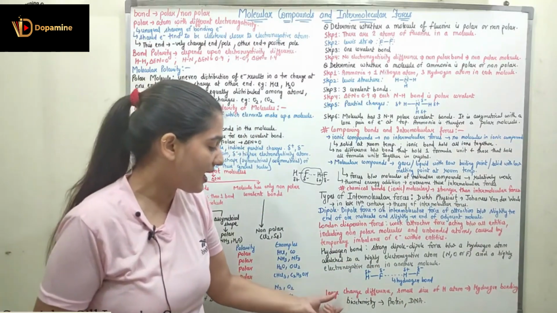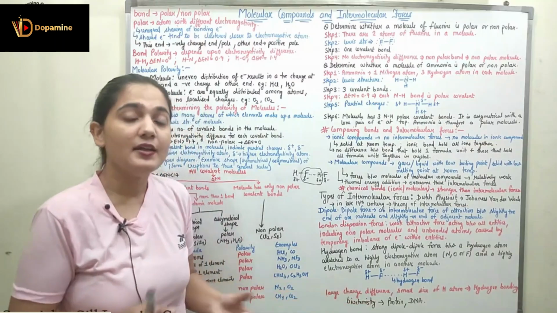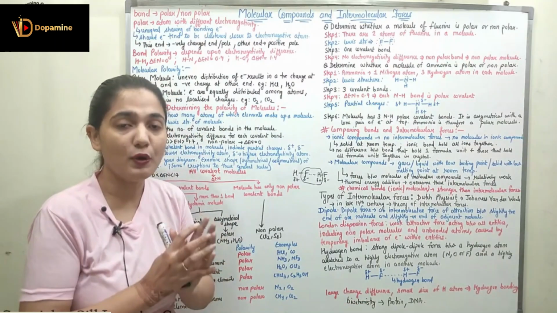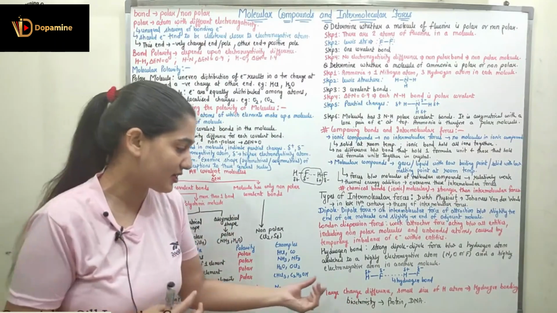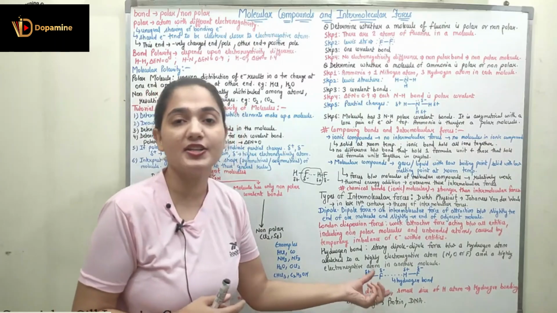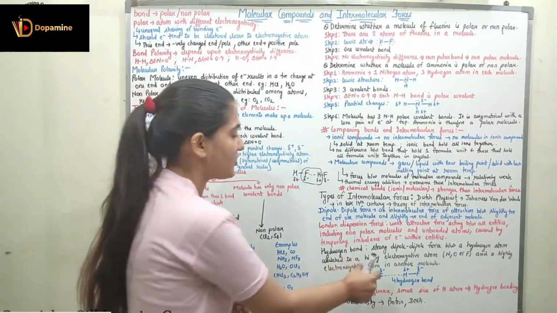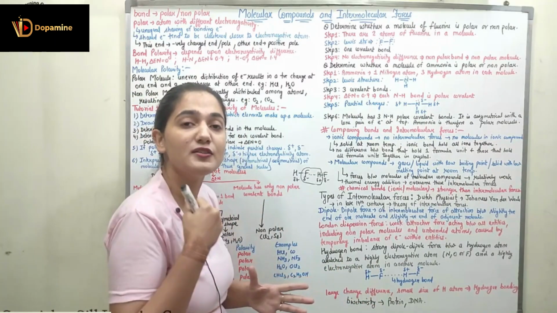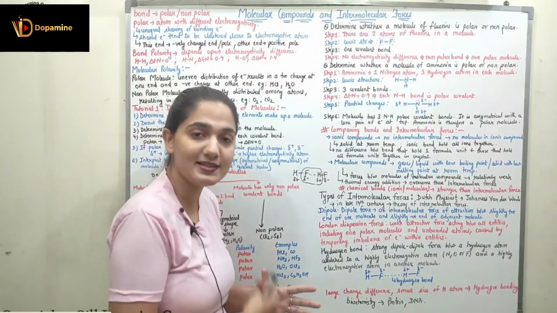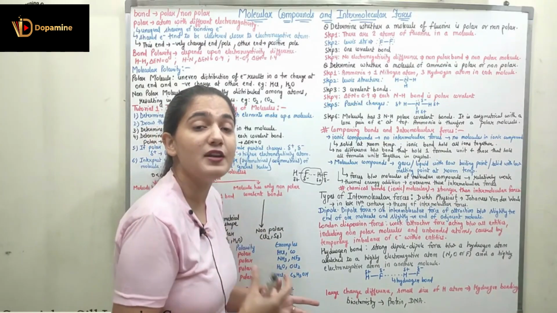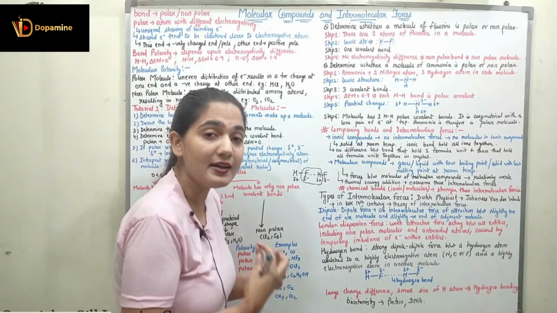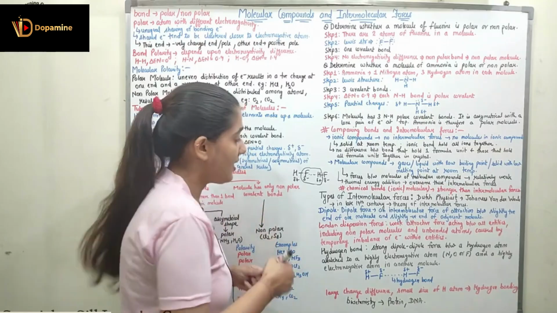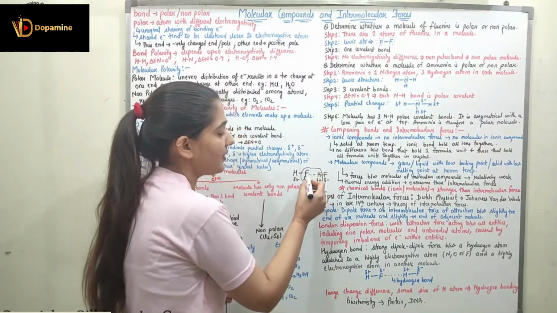Now if we have a larger charge difference, then the bonding would be stronger. So we will have more force of attraction if I have a large charge difference. If I compare HF and HCl, we know fluorine is more electronegative and chlorine is less electronegative. So HF will have the higher attraction between one HF molecule and another HF molecule.